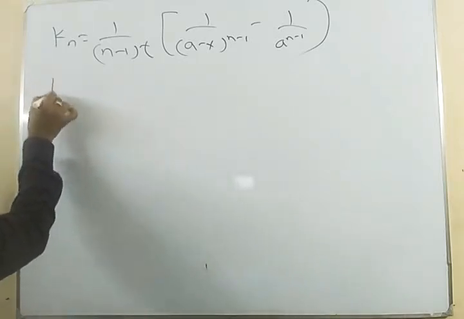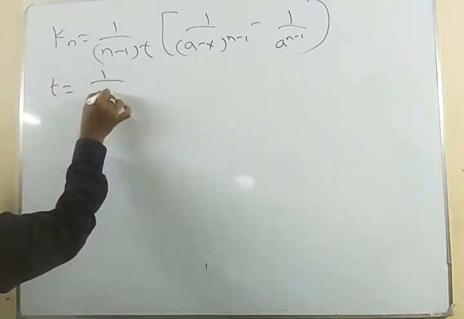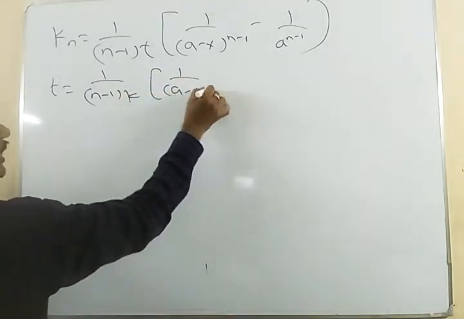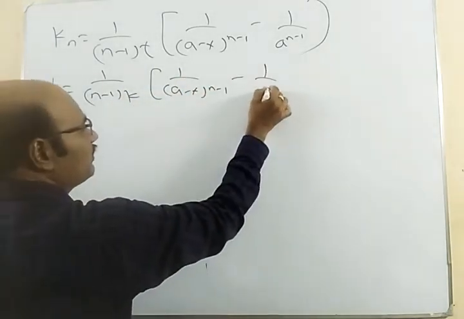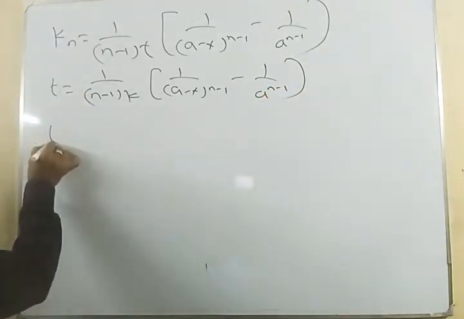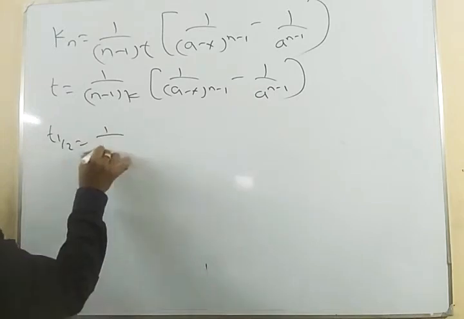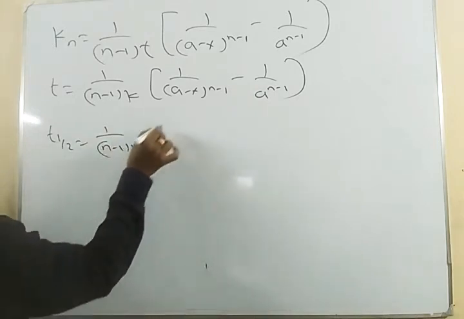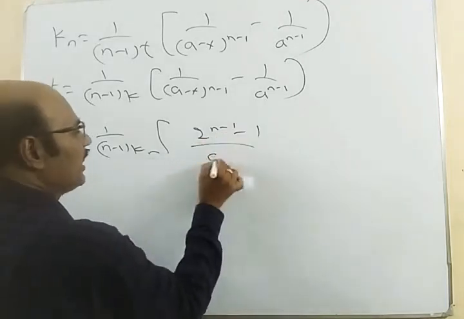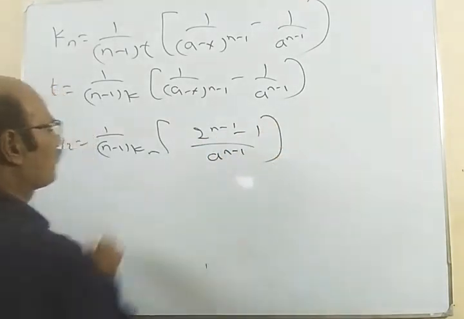Also, we obtained t equal to 1 by n minus 1 into k into 1 by a minus x power n minus 1 minus 1 by a power n minus 1. We obtained the half-life period t half is equal to 1 by n minus 1 into k into 2 power n minus 1 minus 1 by a power n minus 1.